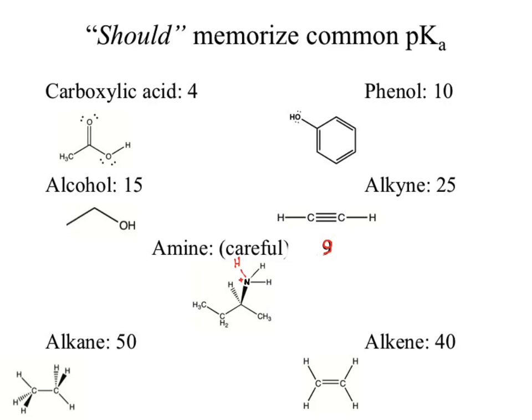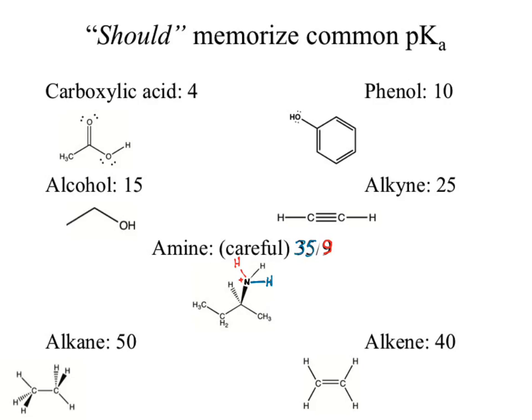So when we look at the pKa of an amine, everyone's like, well, it's a base. So if you're looking for the pKa, you must be looking for the pKa of the conjugate acid of the amine. That is the pKa 9. The one that is 35, the 35 is one of the hydrogens directly connected to the nitrogen.